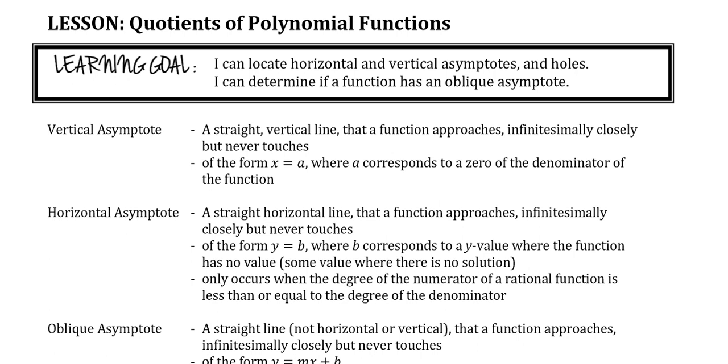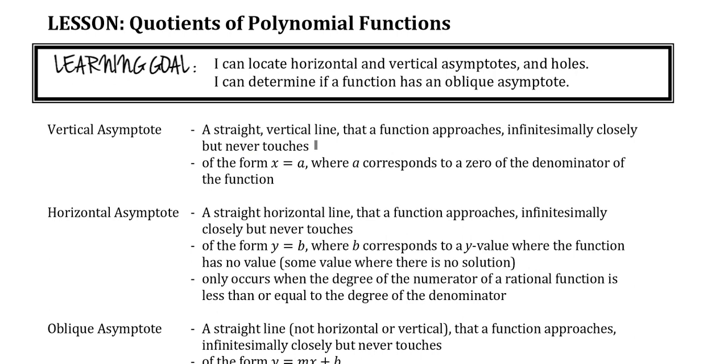So vertical asymptotes, we have certainly seen these before, as well as horizontal asymptotes. We know when vertical asymptotes occur already. Again, here's your kind of formal definition: infinitesimally closer, but never touches. They are of the form x equals a, so that's how we describe one. We state its equation.